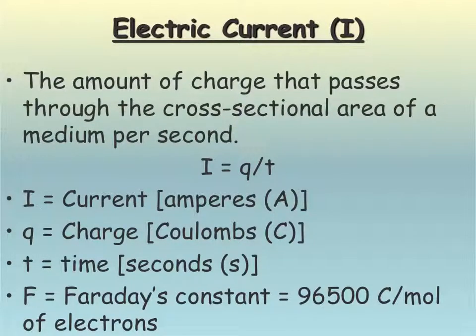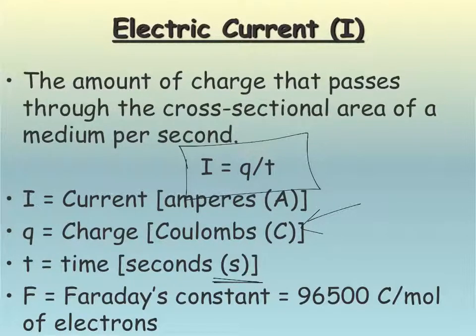In order to do this, you need to know a little bit about current. Current is abbreviated I. It's basically the amount of charge that's going to pass through the cross-sectional area of the wire per second, or the medium, which could also be your aqueous solution. The formula for current is I equals Q over t, where Q is our charge in coulombs, abbreviated capital C, and t is time in seconds.